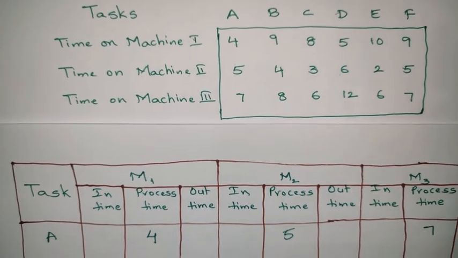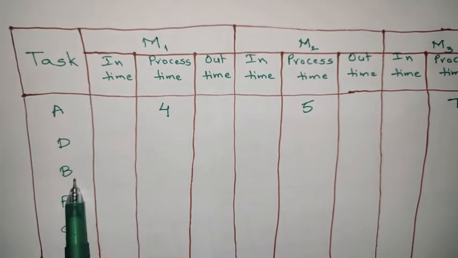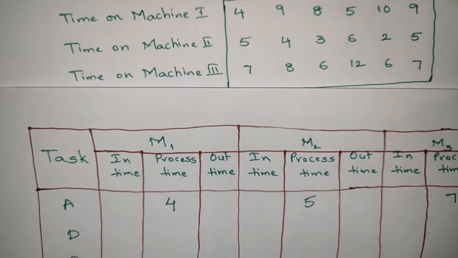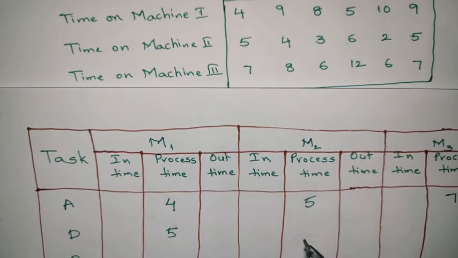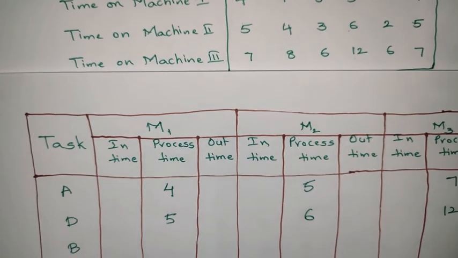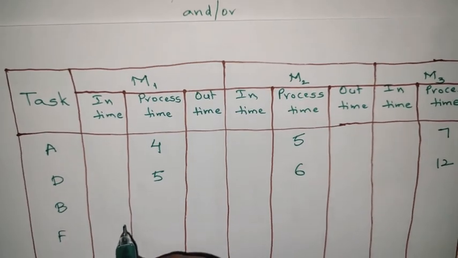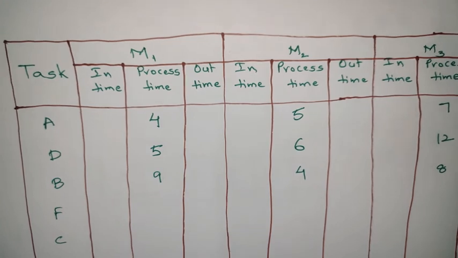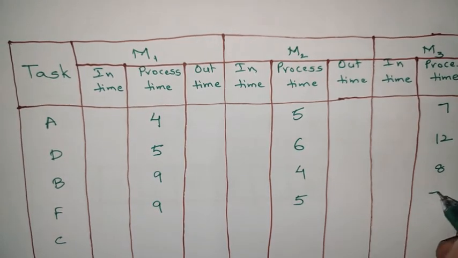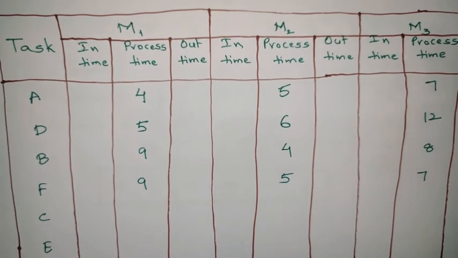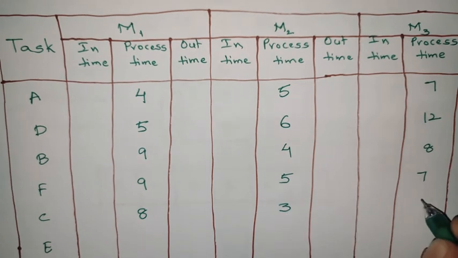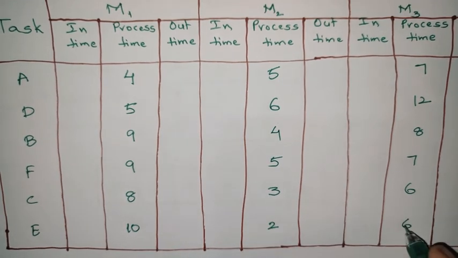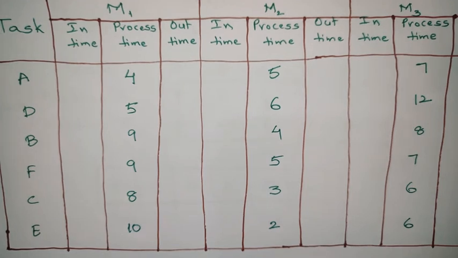Like this, let us write the process times for the remaining tasks D, B, F, C, E. For D they are 5, 6, 12, and then for B they are 9, 4, 8, and then for F 9, 5, 7, and then for C 8, 3, 6, and then for E 10, 2, 6.